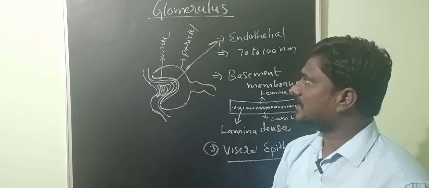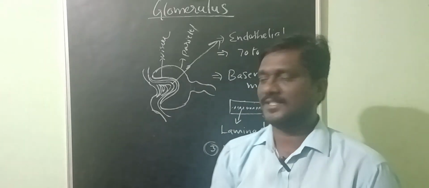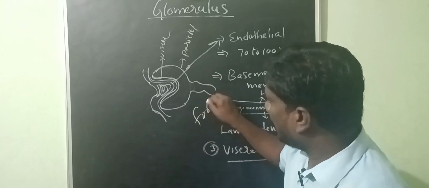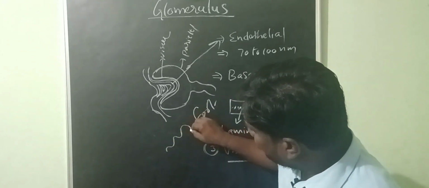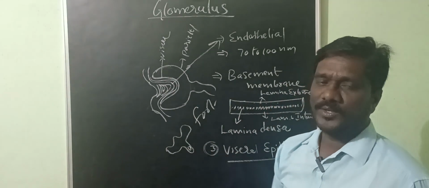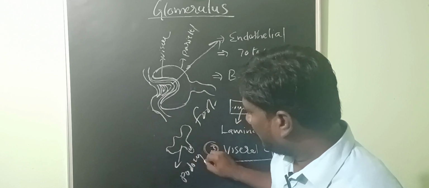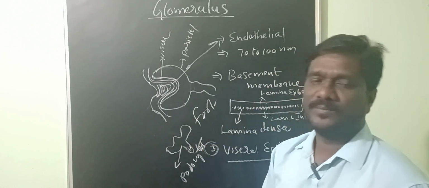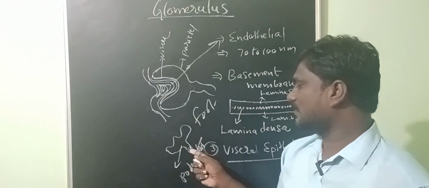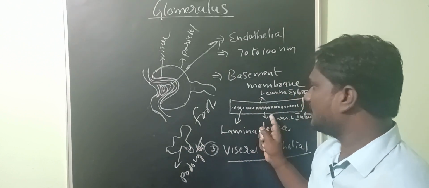The visceral epithelial cells have foot processes. These are called podocytes. With the help of these foot processes, they attach to the basement membrane.